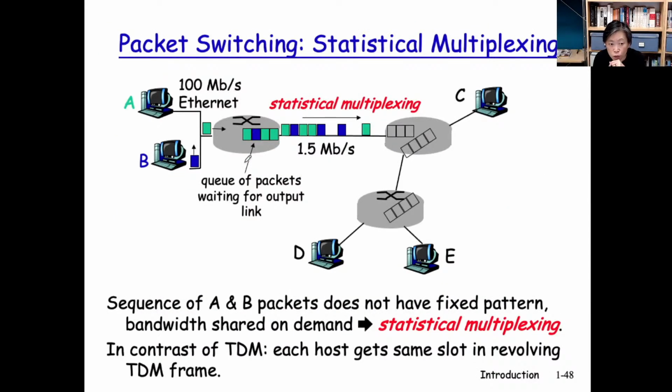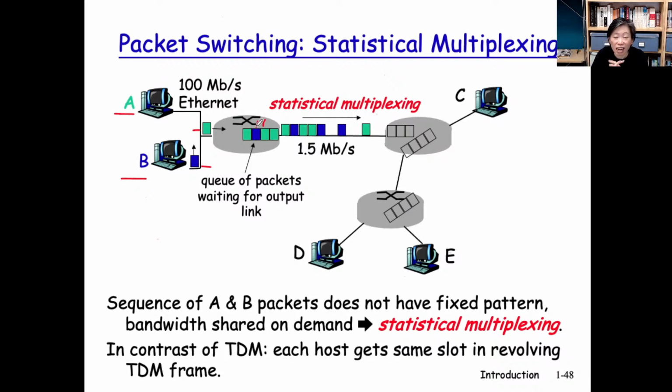This slide is to illustrate congestion. The scenario is A and B, two users generating packets, A generating green packets and B generating blue packets. These packets are generated as user A and user B are typing things up spontaneously. So green and blue will bunch up, or multiplex, in a random order.